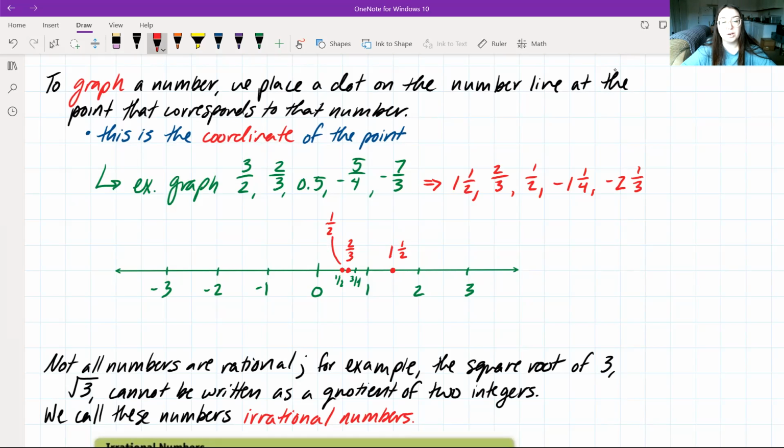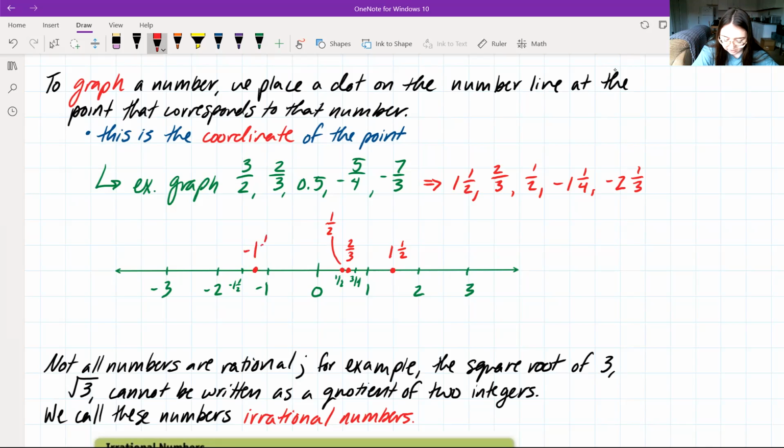Then we have -1 and 1/4. So -1 and 1/4 is just less than -1. So when we write -1 and 1/4, it's going to be more left than -1. And if this value here is -1 and 1/2, -1 and 1/4 is going to be the point in between.